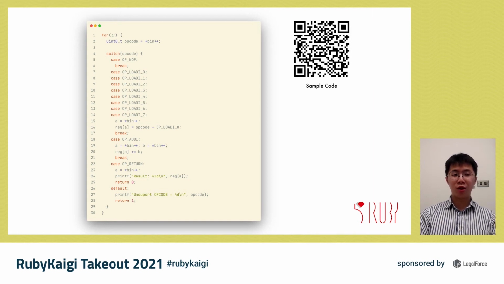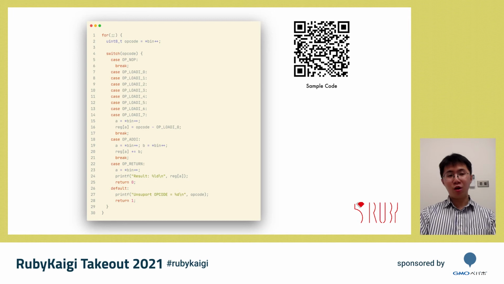Because we did not wrap the mruby variable, we can directly get the integer from our register and add it. After we get the return, we simply print the result. And when we reach the stop, we can simply stop our loop and exit our program. In this case, we have finished our first mruby virtual machine.